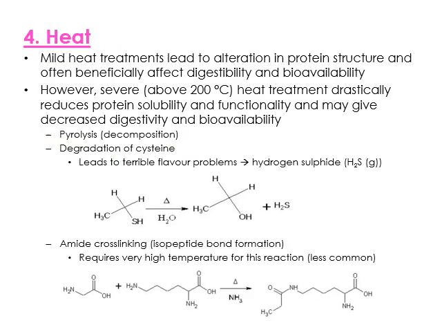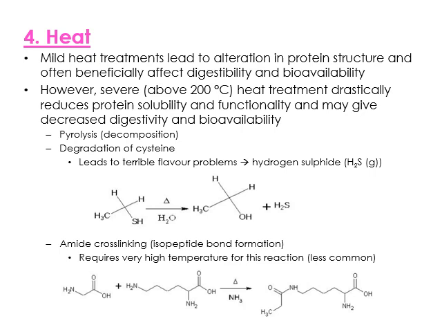Heat can also alter protein structure and amino acids. If it's a mild heating treatment, it can lead to alteration in protein structure, and normally this is beneficial because it can increase digestibility as well as bioavailability. But if the heating is too severe, more than 200 degrees Celsius, it will drastically reduce protein solubility and functionality and may decrease digestibility and bioavailability.